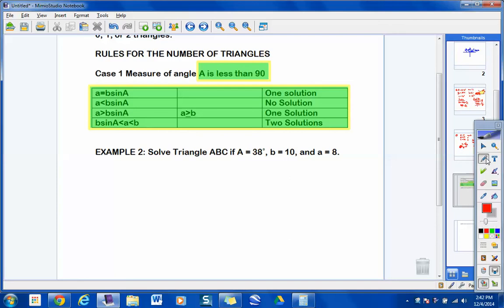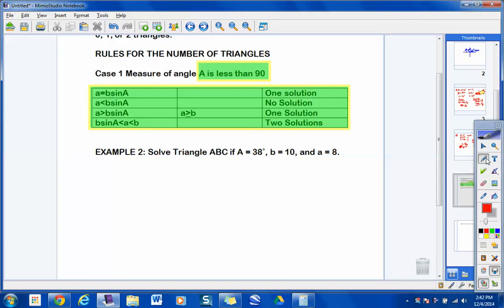No solution. This one says A is greater than B times the sine of A, and also A is greater than or equal to B. What does that mean? And here's another one: B times the sine of A is less than A, which is less than B. What's that mean? 2 solutions.